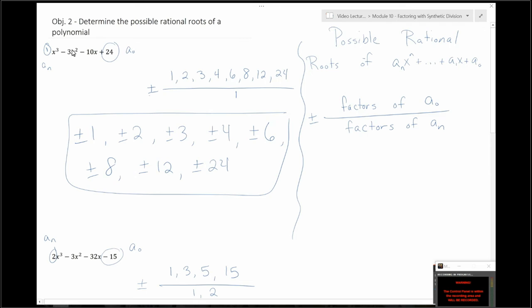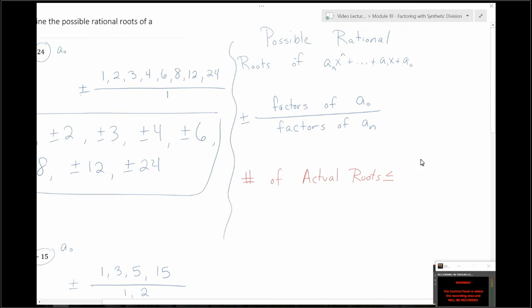Now, we can already tell all of these cannot possibly be the roots. At most, we have a number of roots equal to the degree. So the number of actual roots has to be less than or equal to the degree of the polynomial.